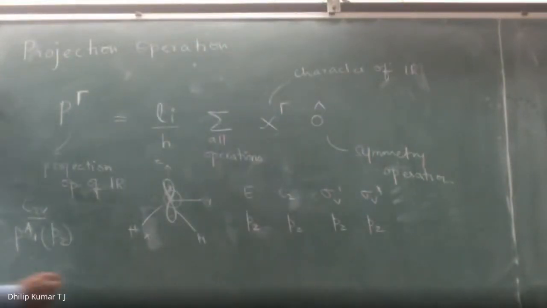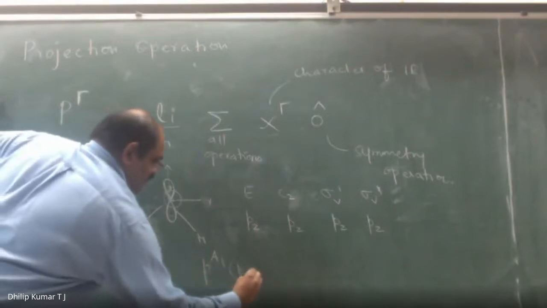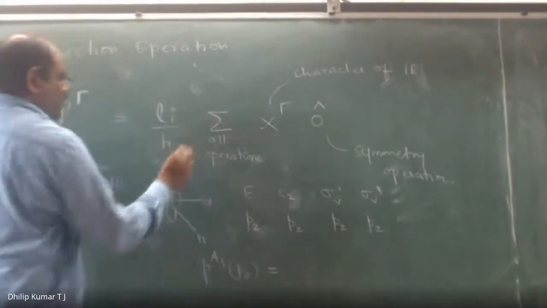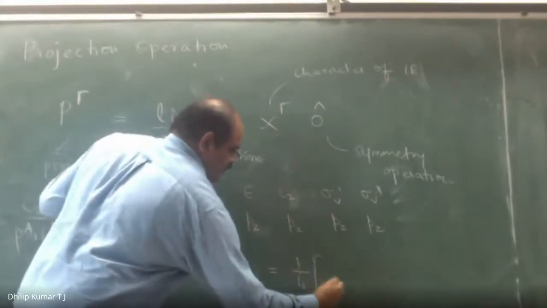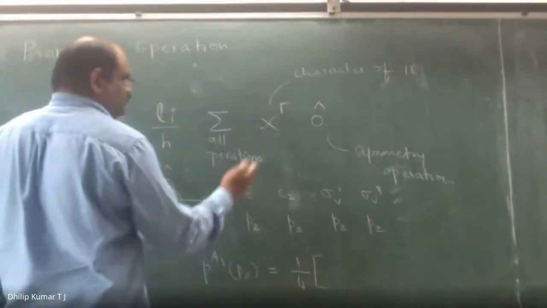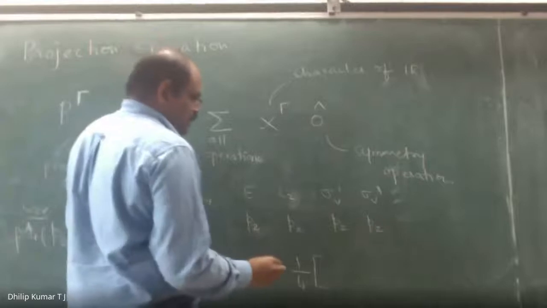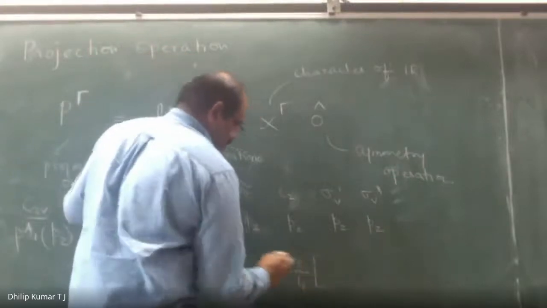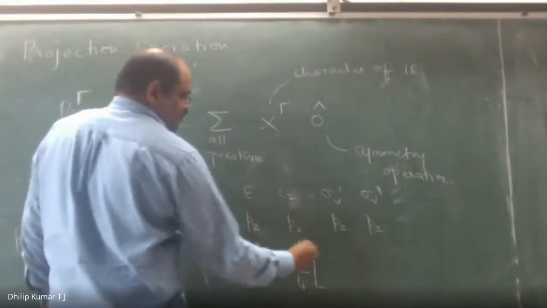So if you project out PZ with A1 symmetry, this will be 1 over the dimension, which is 4. So 1 over 4 into, basically what we are doing is multiplying the character by its symmetry operation. A1 is 1, 1, 1, 1, right?